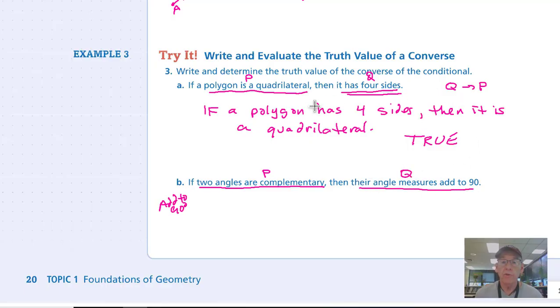To form the converse, we want to swap the Q and the P. So if 2 angle measures add to 90, then they are complementary.